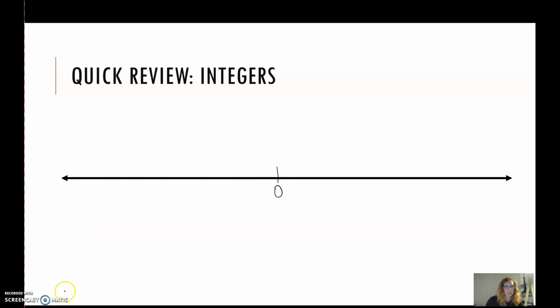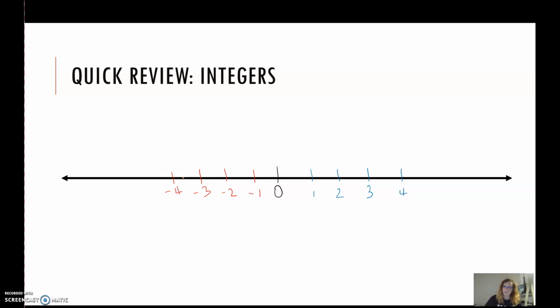And then anything to the right of 0 is our positive numbers. So we have 1, 2, 3, 4, and so on. And then anything to the left is negative. So -1, -2, -3, -4.